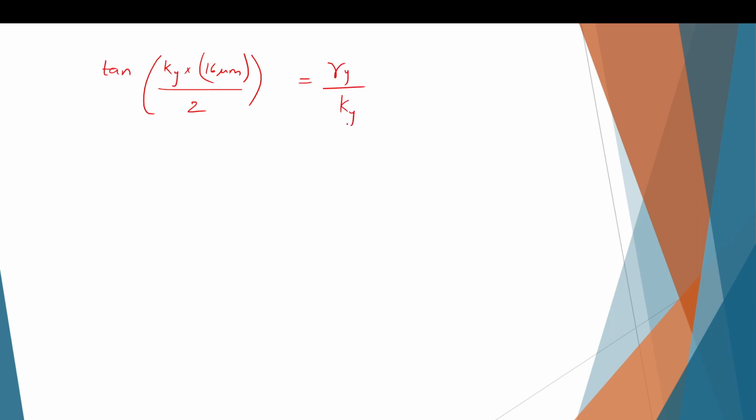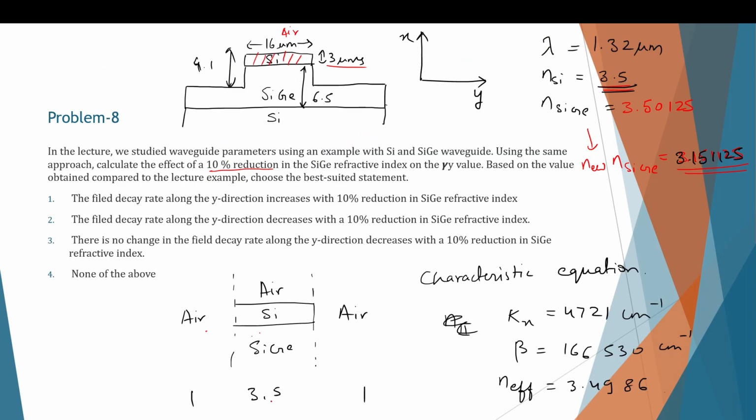Y by k by, so I am assuming it as TE mode. Then from that, again by putting this in the MATLAB code, and also with this we have to put the gamma y equation also, k naught square, and let me label this as n2 and this as n1.